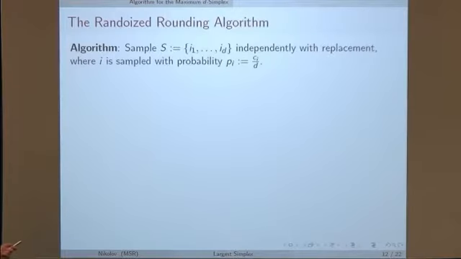Each column is sampled independently with replacement, and column i is sampled with probability proportional to ci. The ci's are non-negative and they sum up to d, so the probability of sampling i is just ci over d.